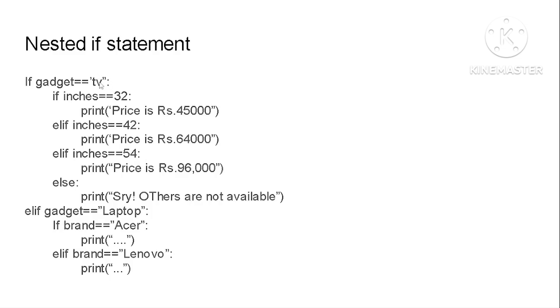Suppose the user types TV and says 72 inches, then it will say sorry, others are not available, because I have given only 3 types inside this nested if. So this is how a nested if statement works. Any one of these conditions will only get executed, and once a statement gets executed, it will jump out. It will not continue to the other elif statements.